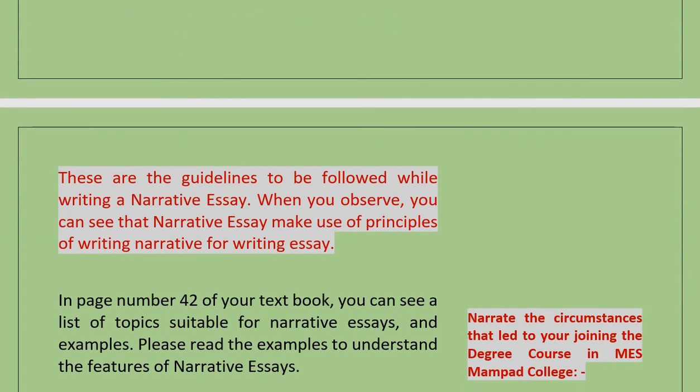When you observe, you can see that a narrative essay makes use of principles of writing narrative for writing an essay. So how to apply the principles of writing a story or a novel to writing an essay, that is what these guidelines are trying to provide.